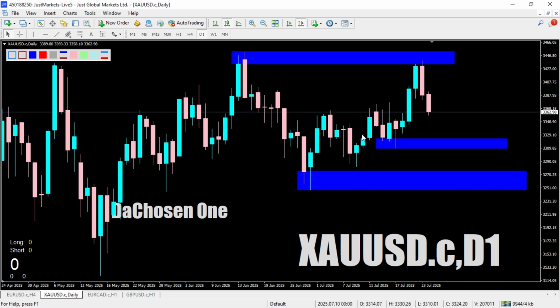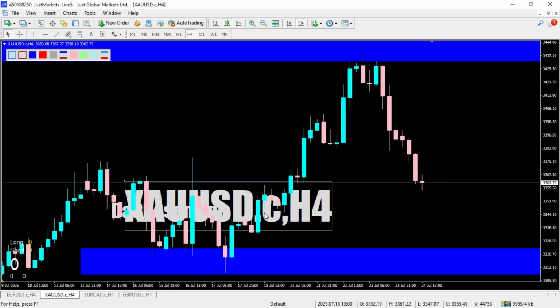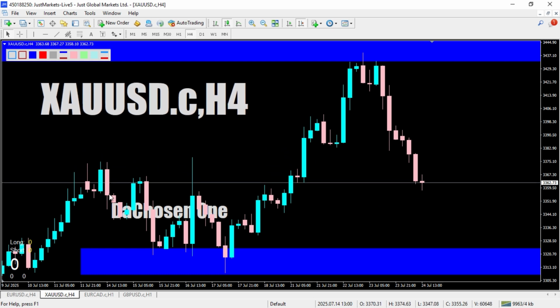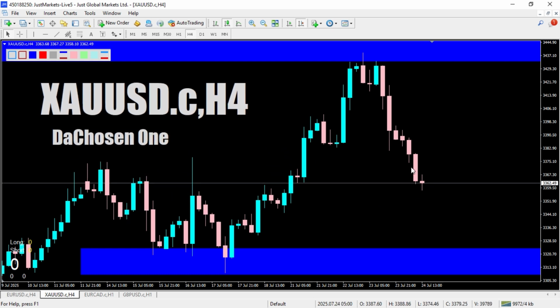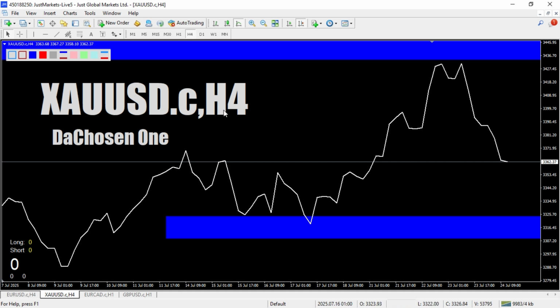As you can see, price is in a bearish momentum. In the H4 time frame, you can also see that price is still bearish. And let's look at the danger zones here.